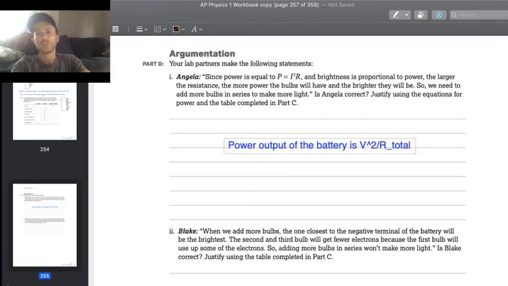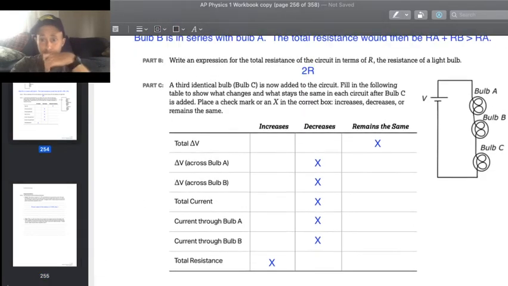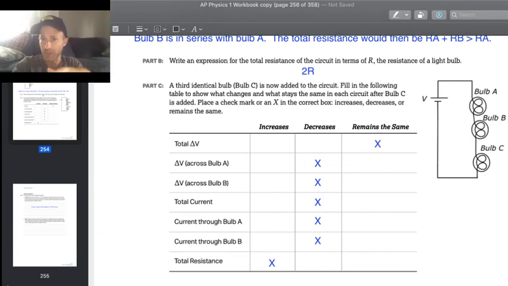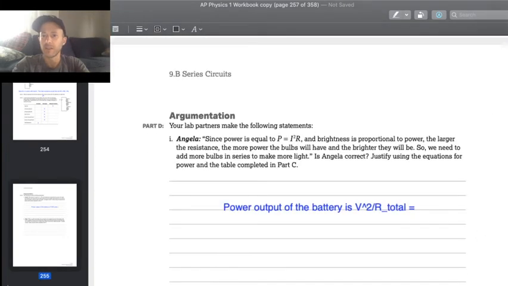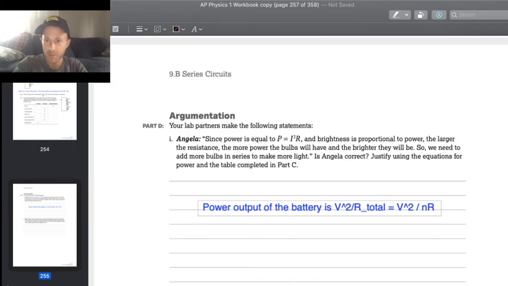Okay? So what if we had N bulbs? Instead of 3 bulbs, what if we had 8 bulbs? Then the total resistance would be 8R. So the power is going to be V squared over NR, where N is the number of bulbs.